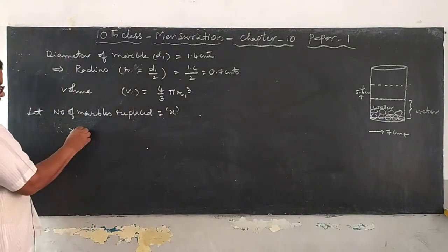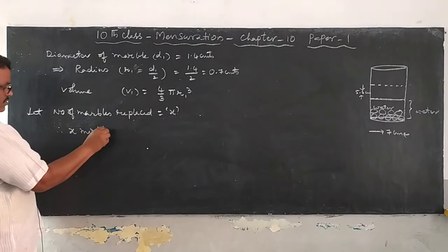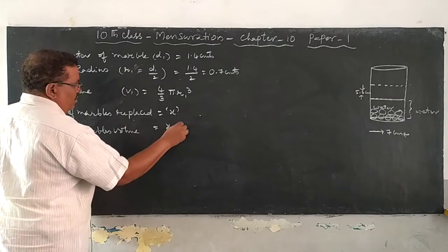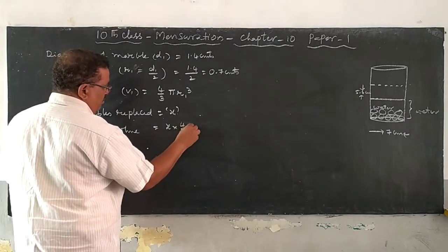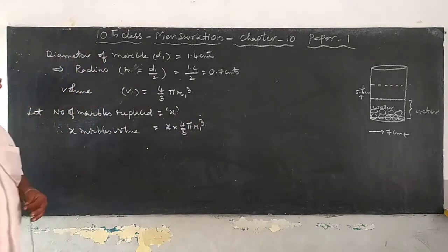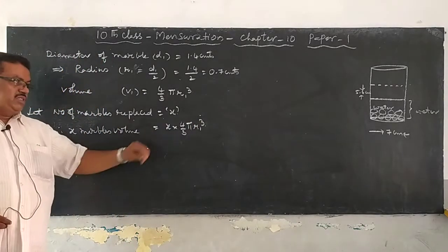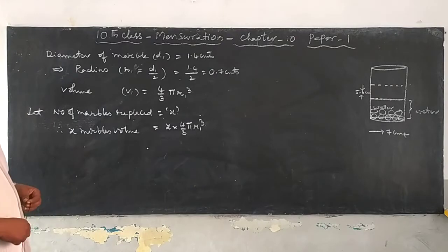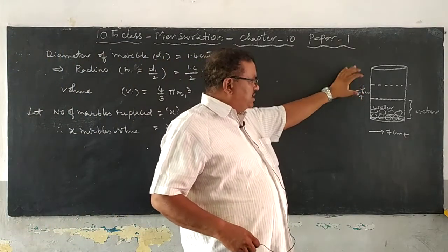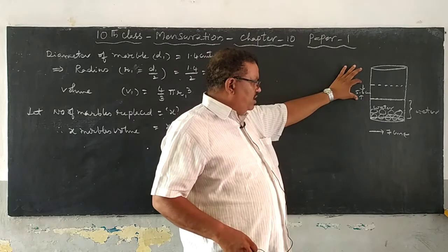Therefore the volume of x marbles is x into 4 by 3 pi R1 cube. This is the volume of x marbles. So how much water is replaced? How much height of water is replaced? 5.6. This is the height of water.